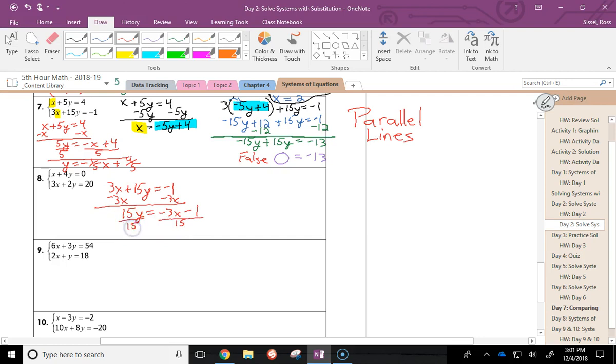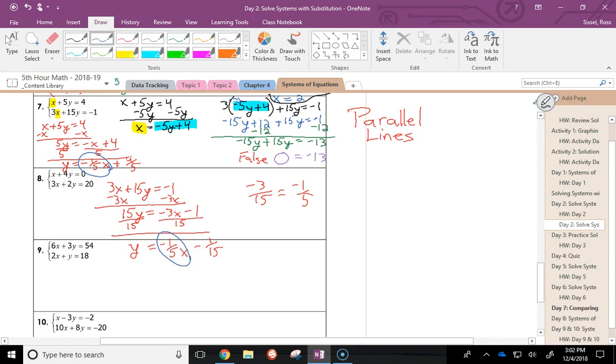And my new equation would be y equals, well, negative 3/15. 3 over 15 simplifies. I can divide each one by 3 and get 1/5. So negative 1/5 x minus 1/15.